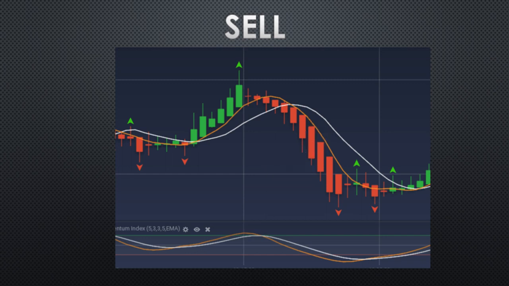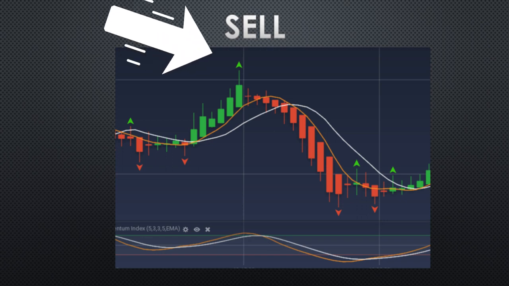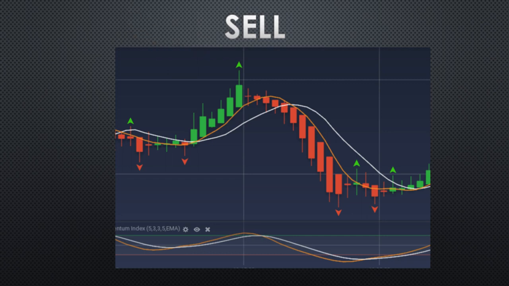If before these conditions occur, a green fractal appears above, we have more chances of winning the operation. As expiration time we will use 2 or 3 minutes.